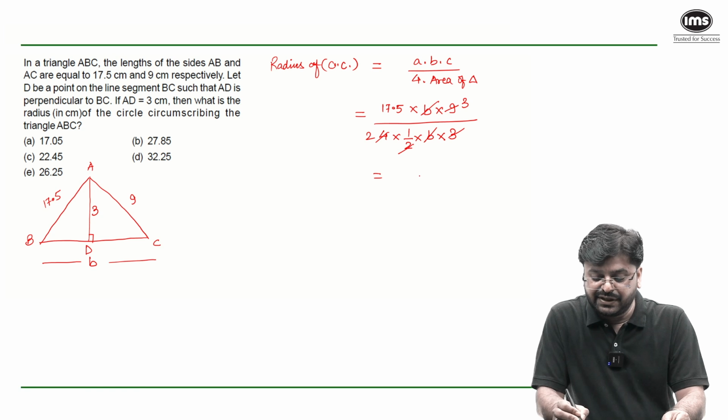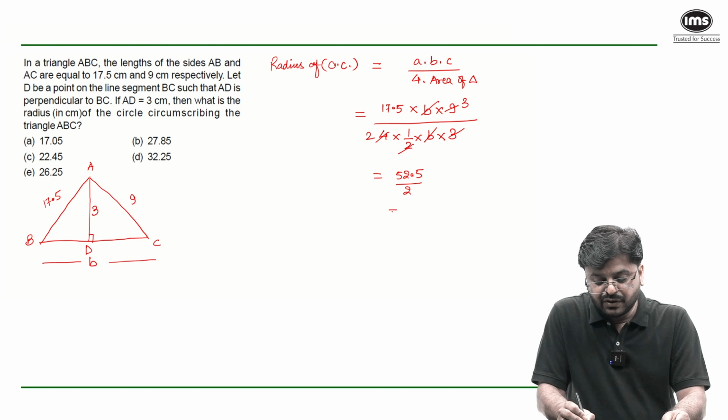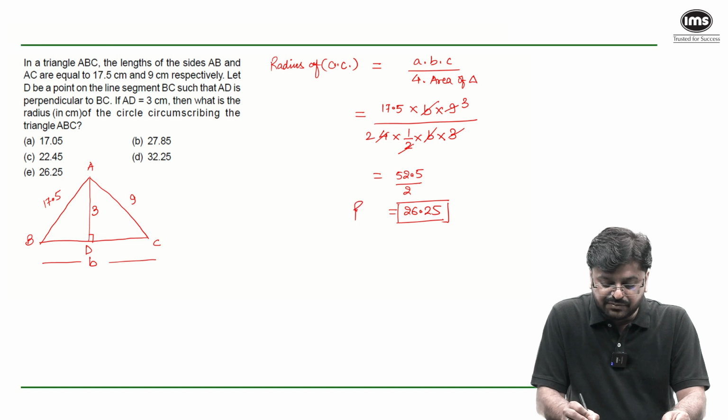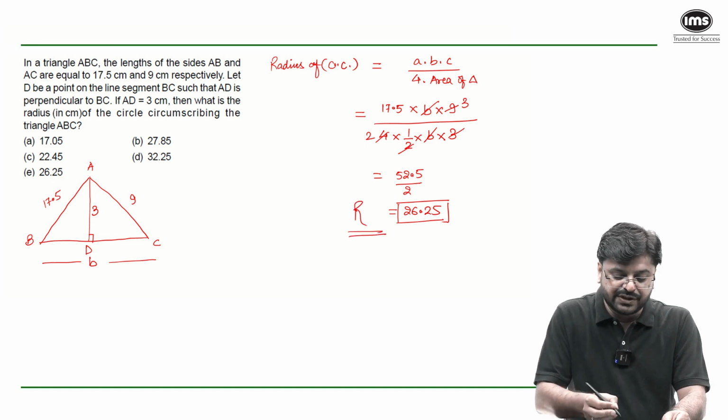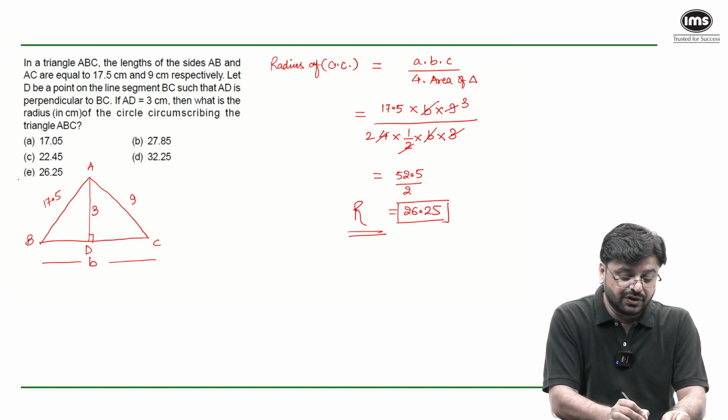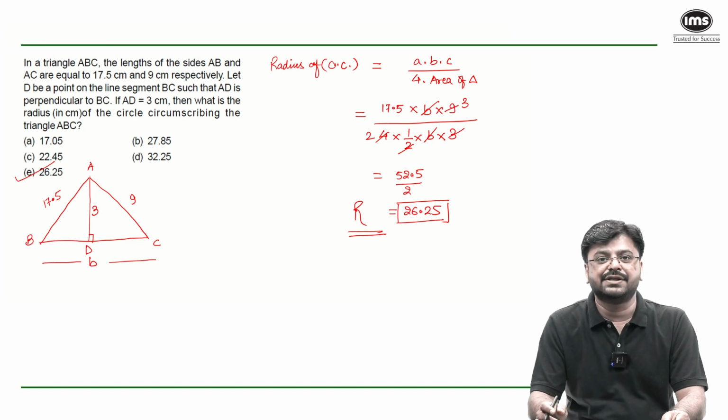So 17.5 times 9 is 157.5, divided by 6, which is 26.25. So the radius of the circumscribing circle is 26.25. Option E here is the right answer.